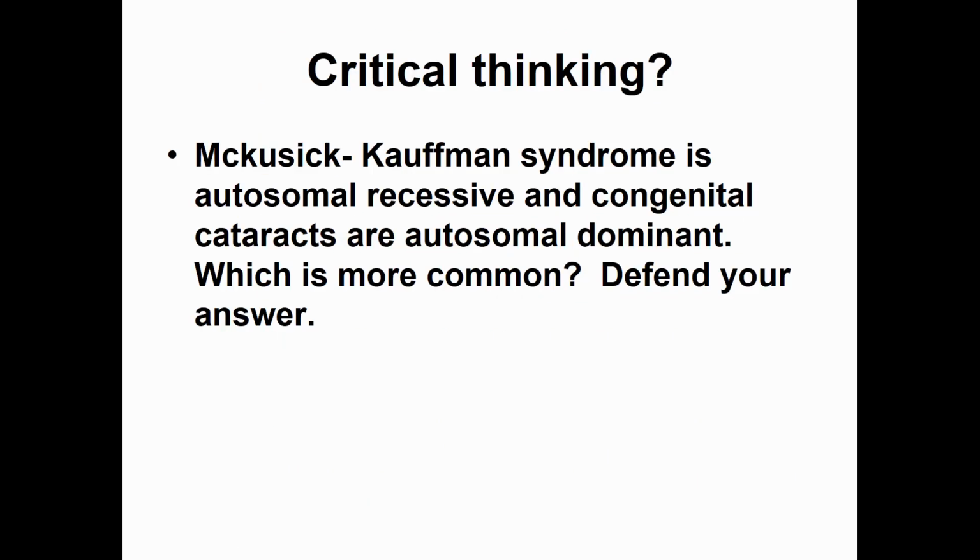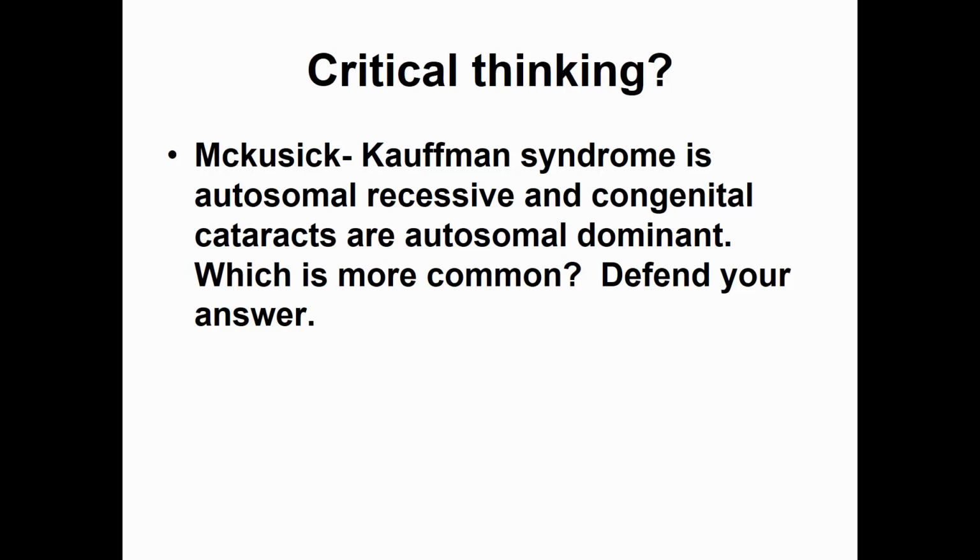So let's put some things together. Let's put proteins and genetics and some things together. McKusick-Kaufman syndrome is autosomal recessive. Let's stop and think what that means. You need 2 mutated alleles to see the disease. Congenital cataracts are autosomal dominant. You only need 1 allele.